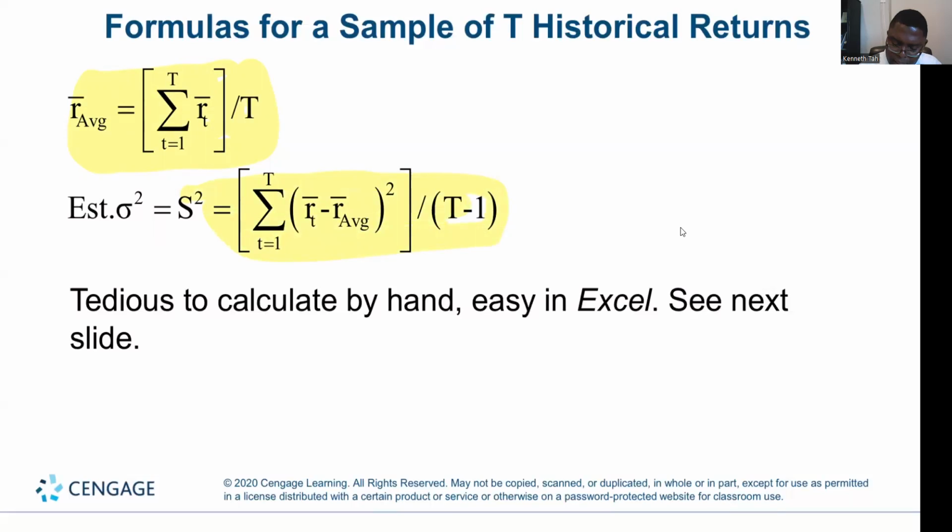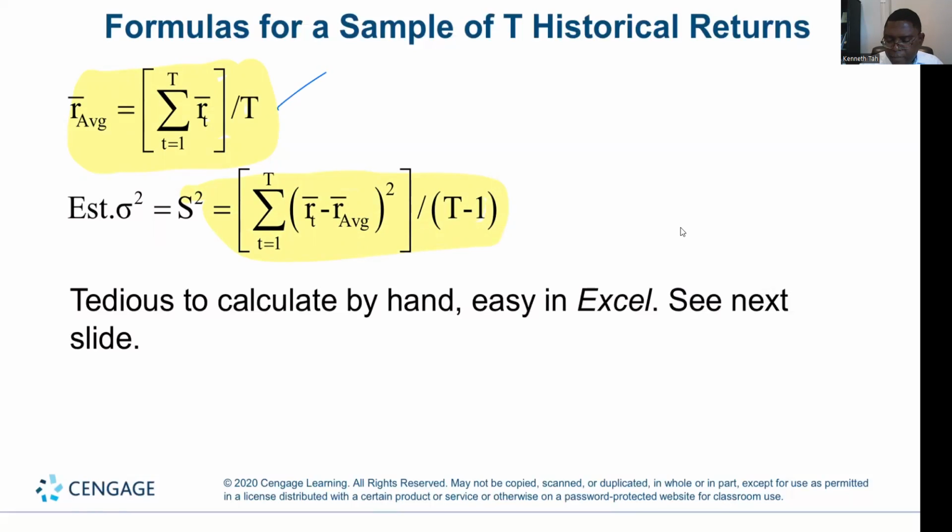So it is basically each return minus the average return that was calculated above, all of this squared, and then we sum them up and we divide by T minus 1.